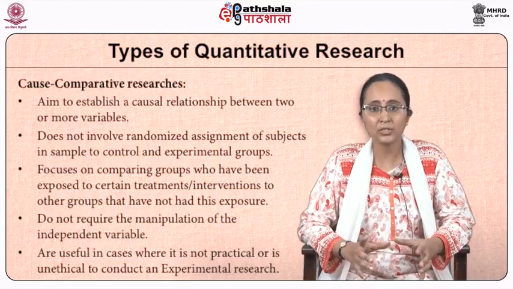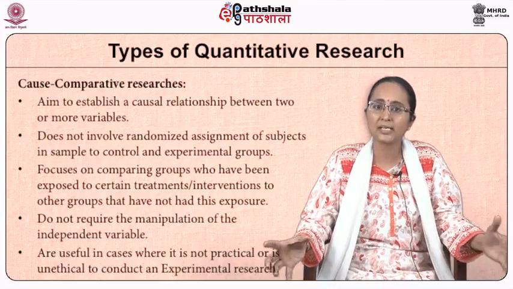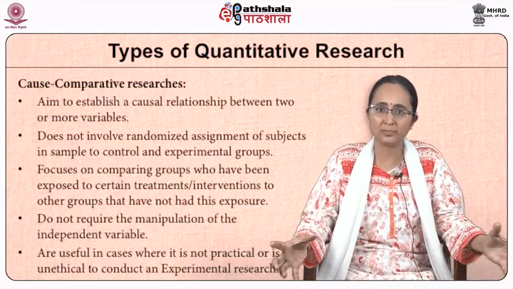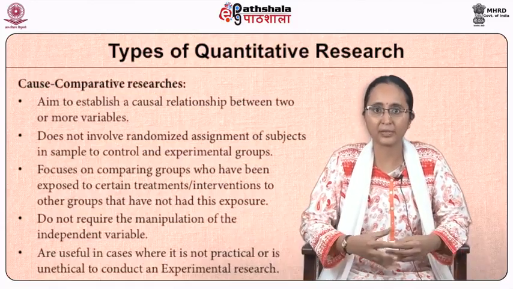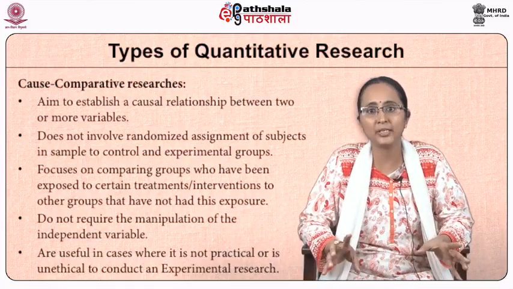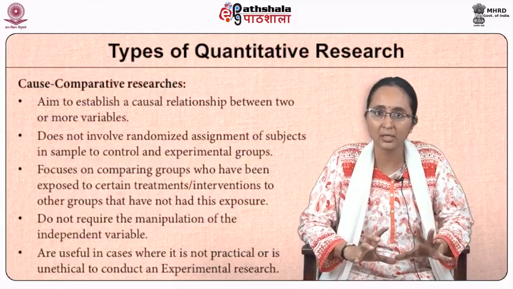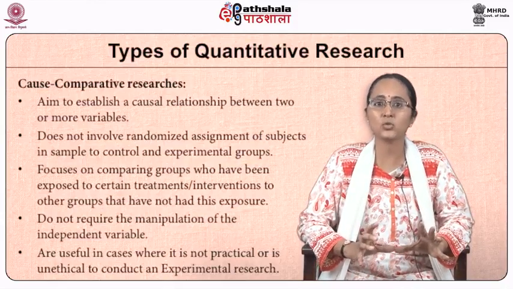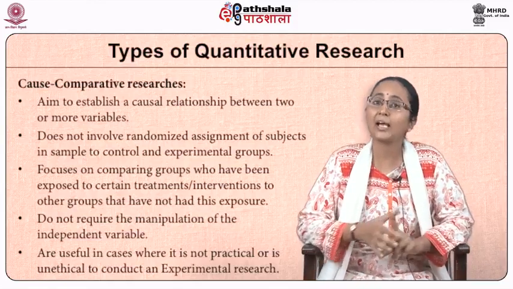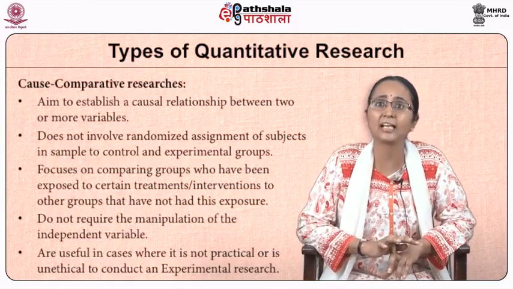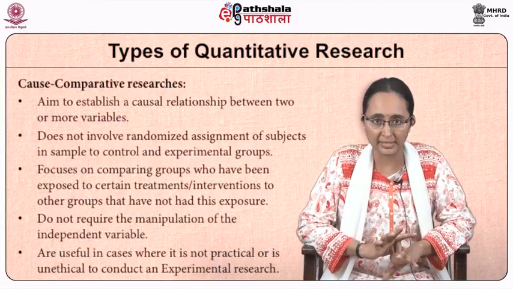Here the focus is on comparing groups that have been exposed to certain treatments with groups that have not been exposed to this treatment. It does not involve manipulation of independent variable. It is useful where experimental research is either unethical or impractical.